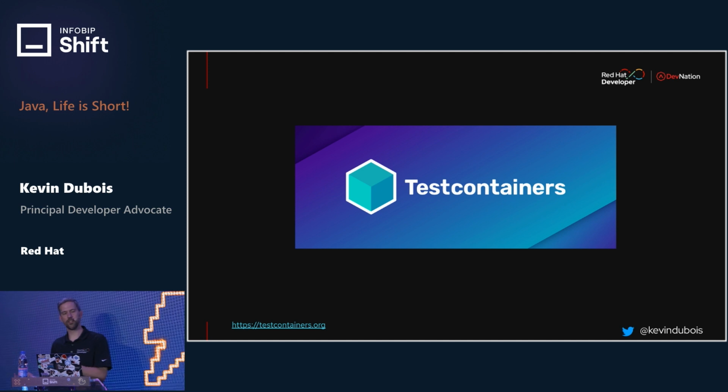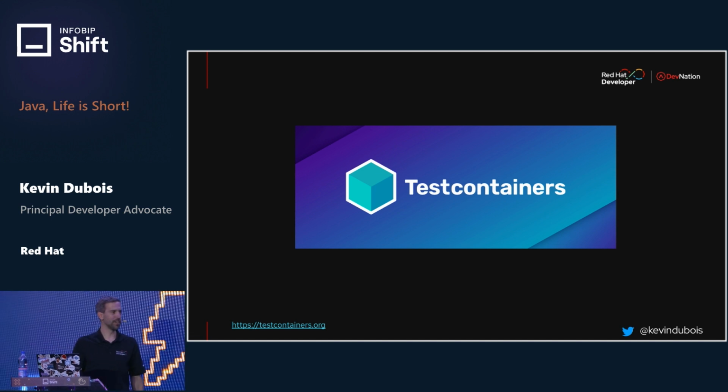And so instead of having to install a database on your local machine to run through your tests, or in your CI pipeline, having to have an external database or something, the test containers project says, hey, when you start up tests, we'll just use a container engine and create a container with whatever dependency is, a Kafka cluster or a database or whatever, and then it can wire it up with your application. So it's pretty handy to, again, be more productive and not deal with configuration of our databases.